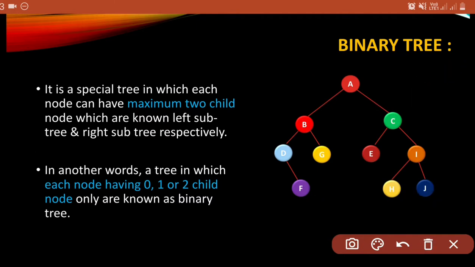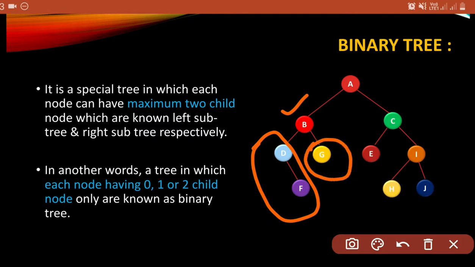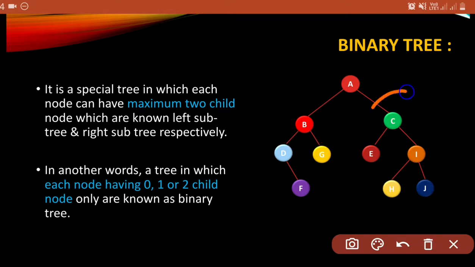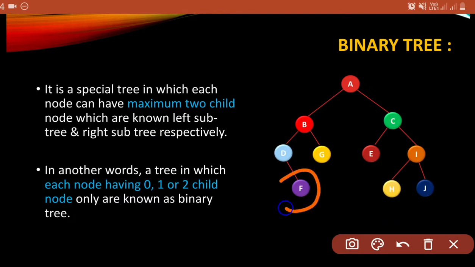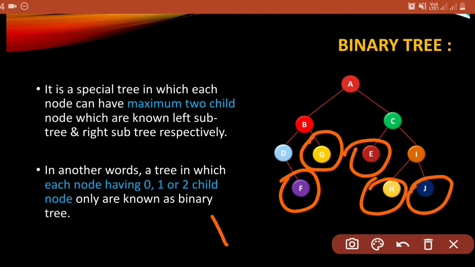And if B is the root node, then this one is the left subtree and this one is the right subtree. Again, if C is the root node, then E is the left subtree, and this part is the right subtree. Means each one has a left and right, but sometimes we have some nodes that don't have any child, and that node is a leaf node.